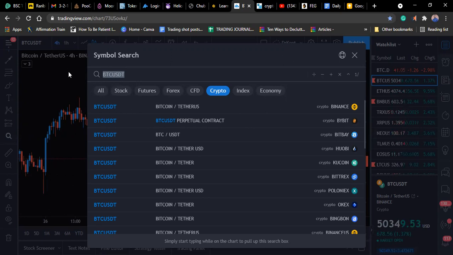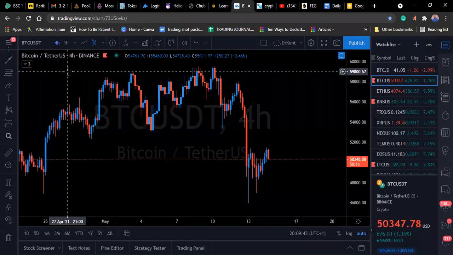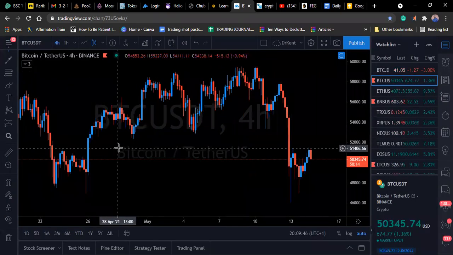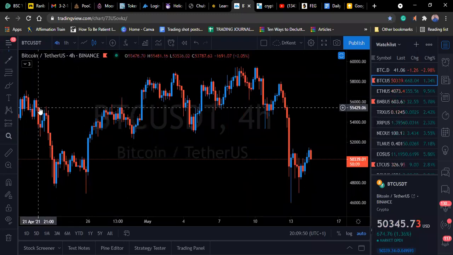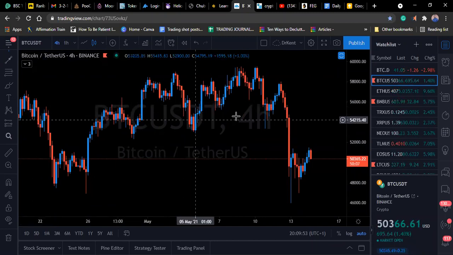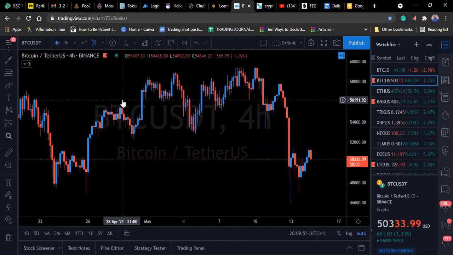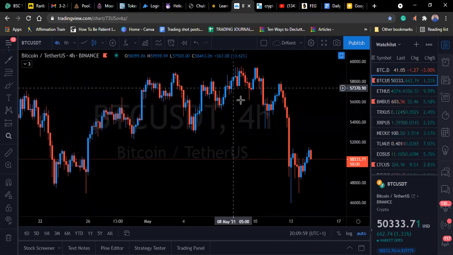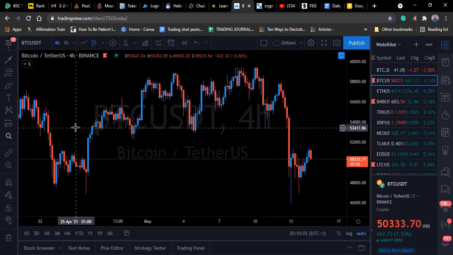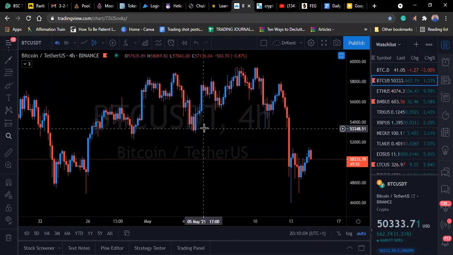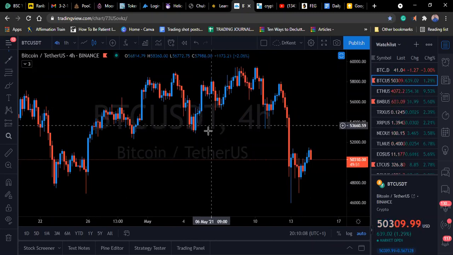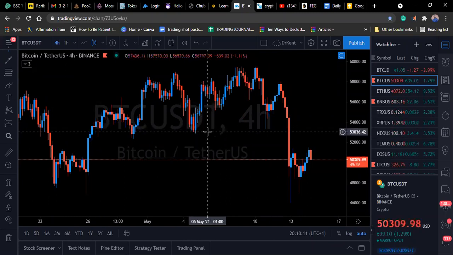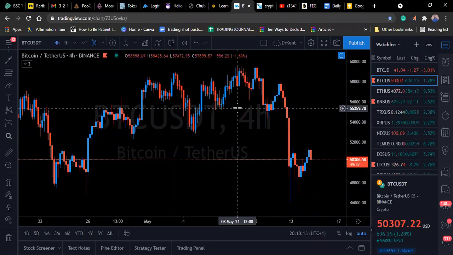And the reason why I encourage people to use TradingView, if you're trading on Binance, for example, instead of using the chart of Binance, it's better to come and trade on TradingView because even Binance connects the TradingView chart software on their own platform. So if you're trading Forex too, instead of relying on the candles or the charts that your broker gives you, it's always better to come and use TradingView.